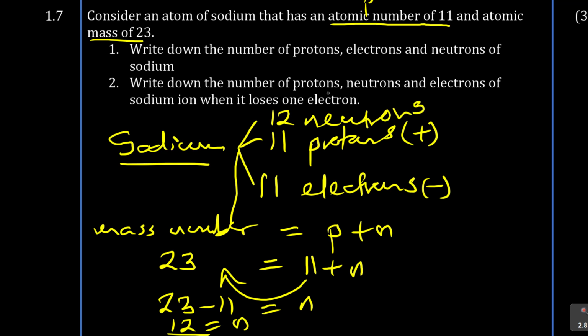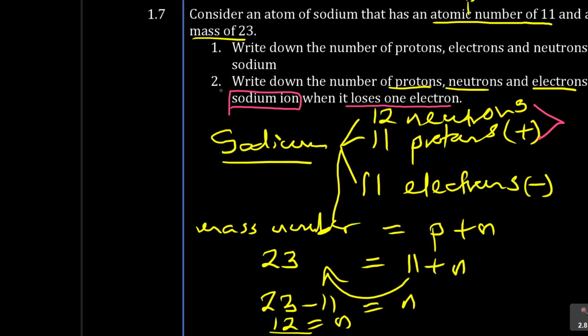Then write down the number of protons, neutrons, electrons of sodium ion. Now I'm going to be very sensitive here. They are now talking about sodium ion, when it loses one electron. After losing an electron, you must always remember protons and neutrons never change. So you still have how many on this question? Here you will still maintain the same number of protons.